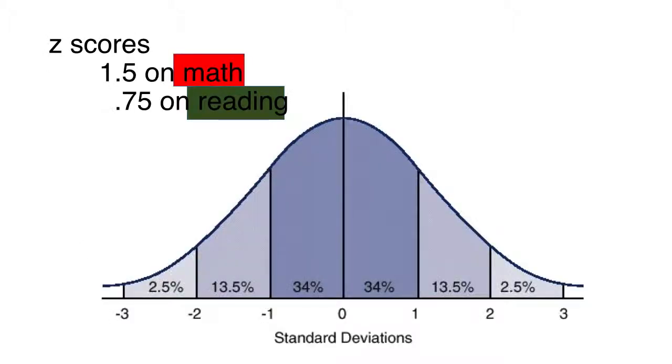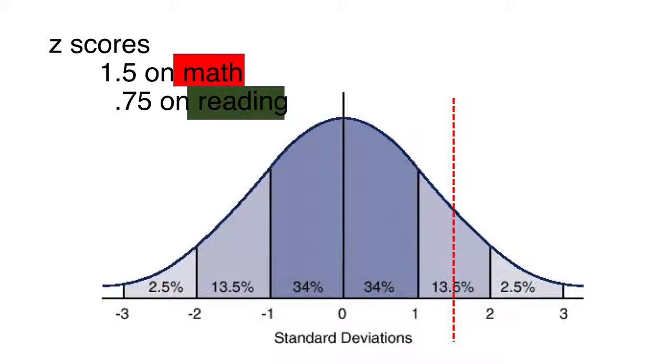We're going to look at the Z-scores for someone who took a math test and a reading test. And we calculated that this person's score on the math test, their Z-score, standardized, is 1.5 on math and 0.75 on reading. These two tests were completely different, and a 50% on math did not mean the same thing as a 50% on reading. So I couldn't do it that way. I had to line all the kids' scores up.